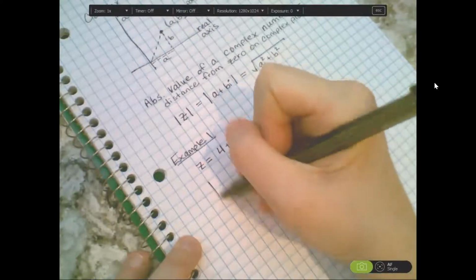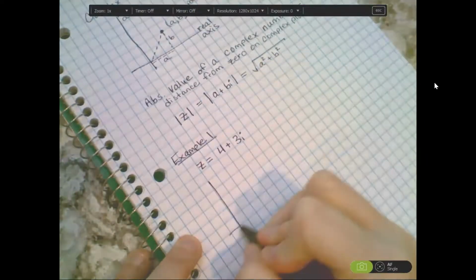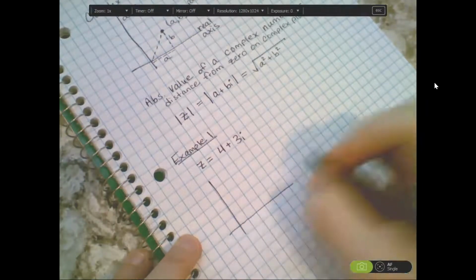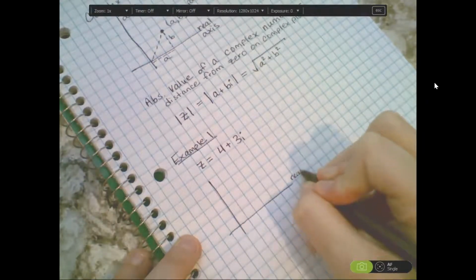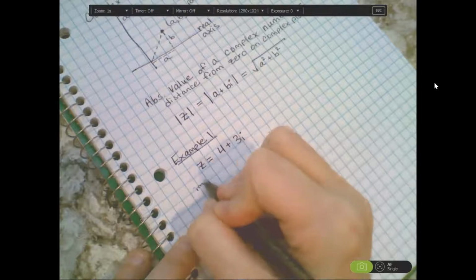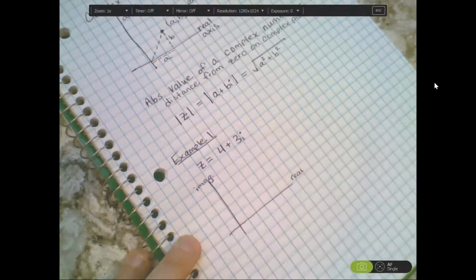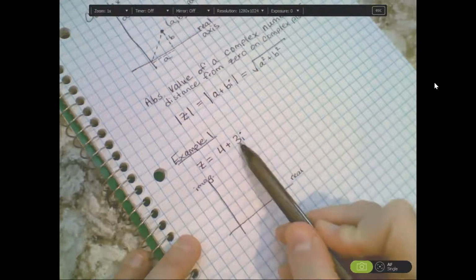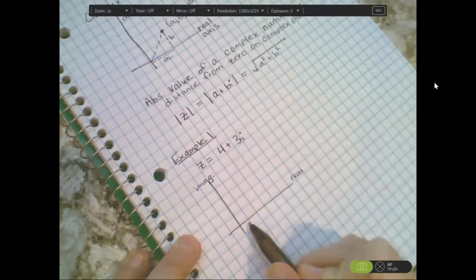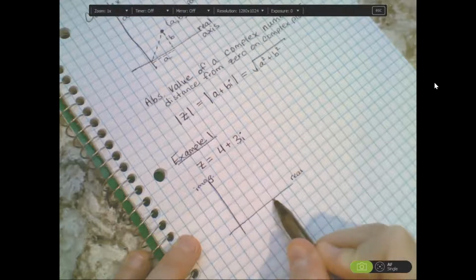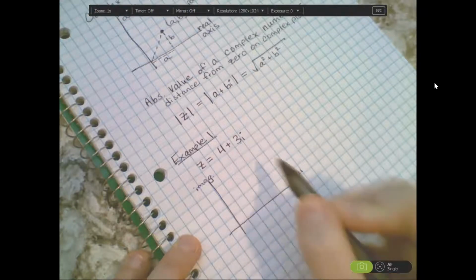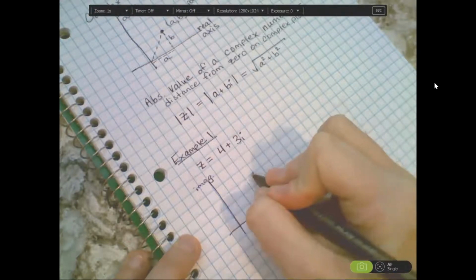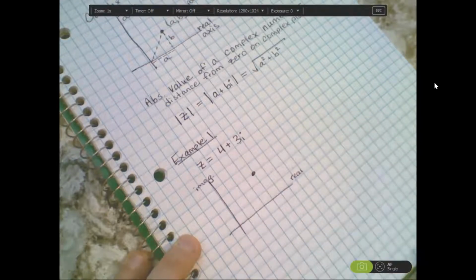So, graph. Remember, this is the real axis. This is the imaginary. I'm going to take my two values. This is my A, this is my B. So I'm going to go over 4, 1, 2, 3, 4 on the real axis, and then up 1, 2, 3. And plot that point.